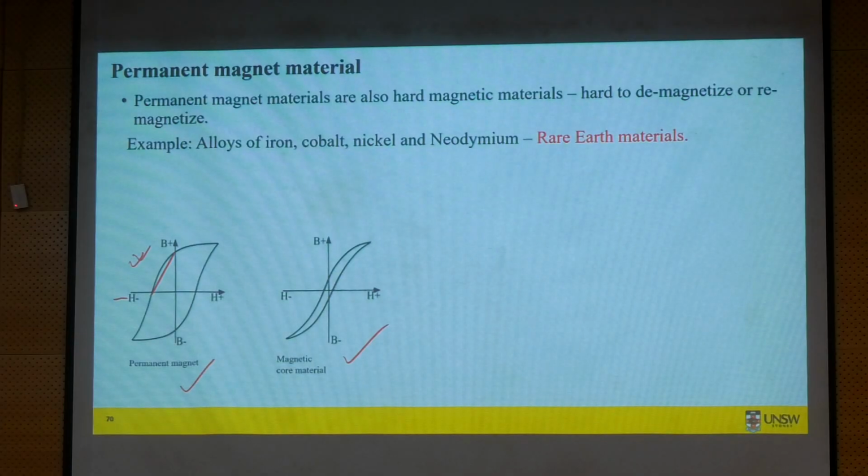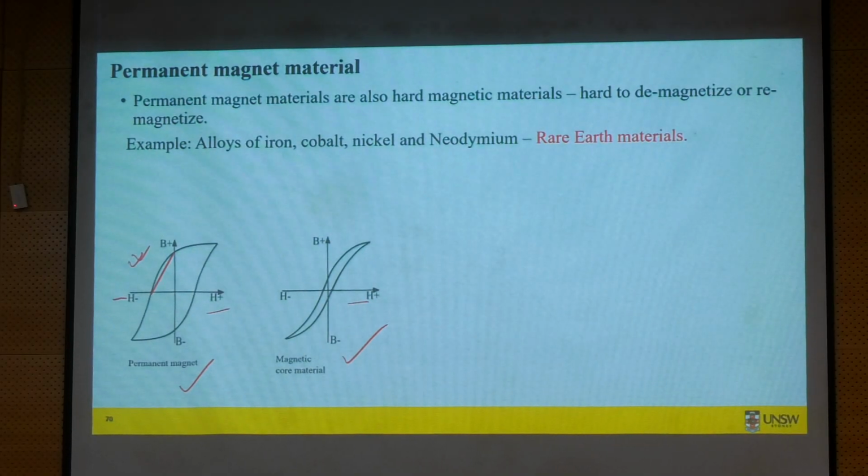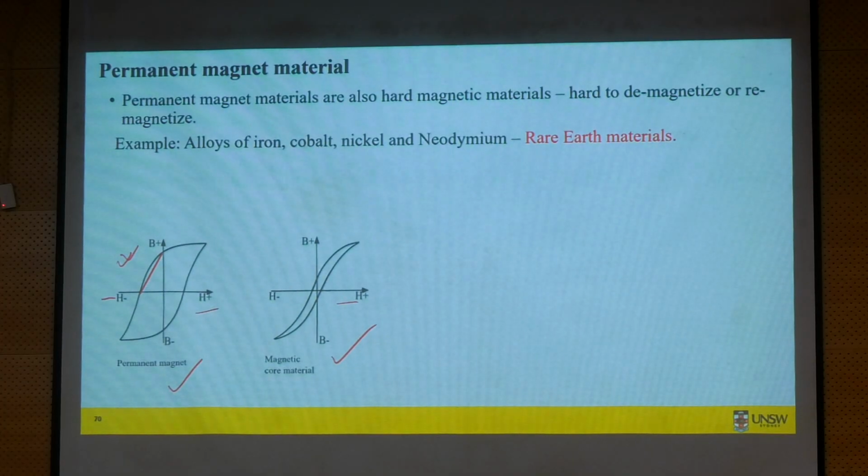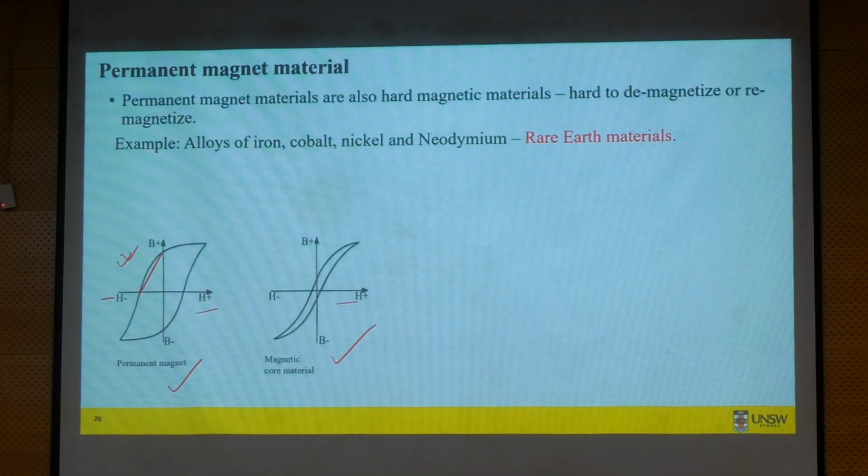From our hysteresis loop concept, we know that if we apply positive H, flux density will increase in an electromagnet. Similarly, in a permanent magnet as well, if we apply positive H, B will increase. When the magnets are constructed, nowadays initially they do not magnetize them. They produce the shape that we want, and then everything is ready.